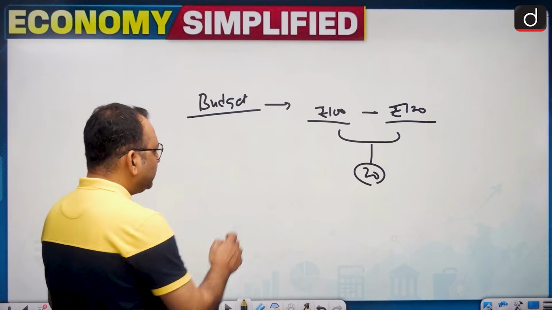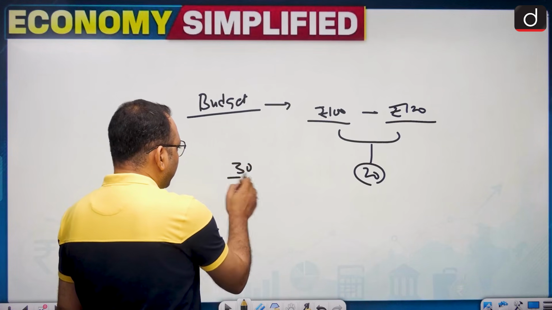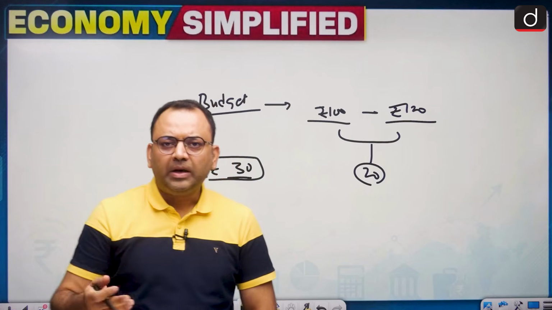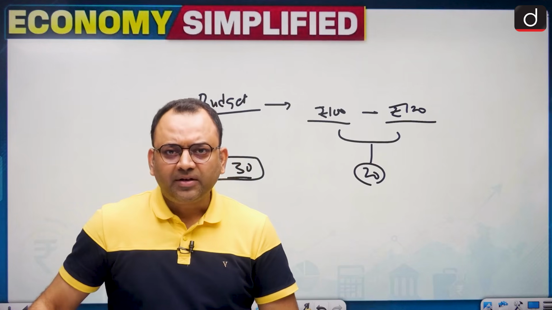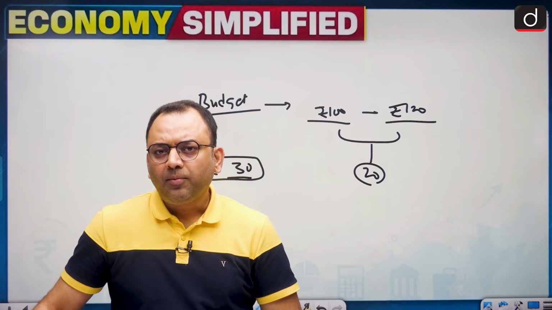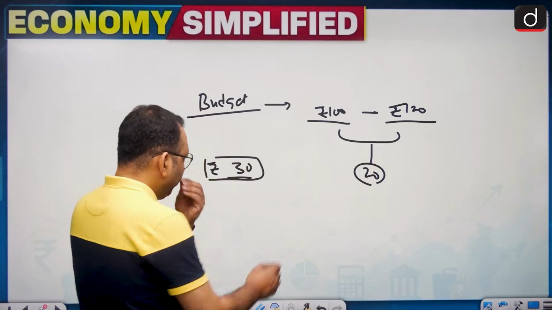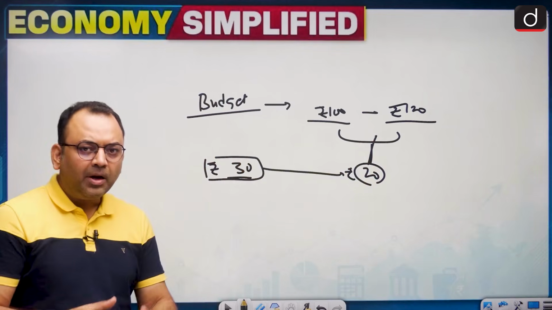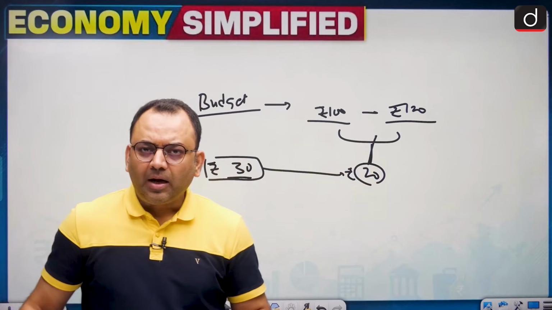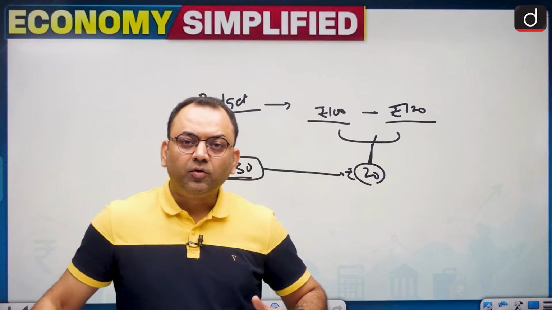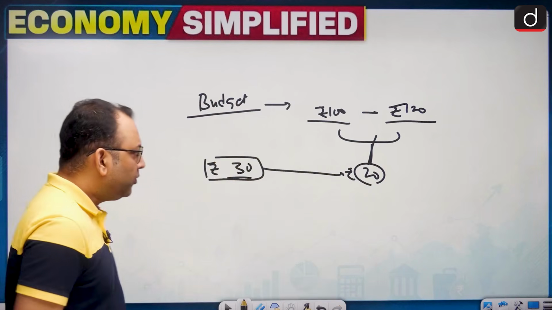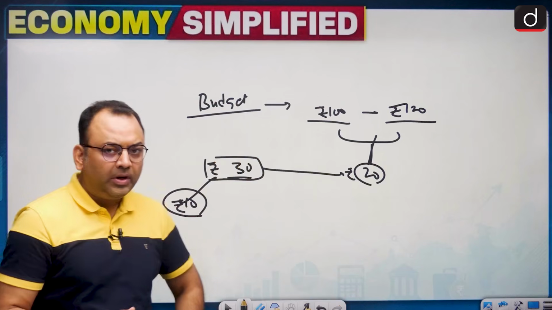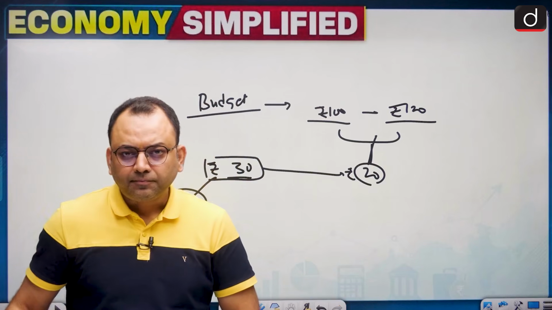Suppose the economy has rupees 30 with the banks available to be lent out to the private sector. If the government borrows rupees 20 from this amount to fund its fiscal deficit, a large part of the money goes to the government, and only rupees 10 is available with the banks to lend to the private sector.